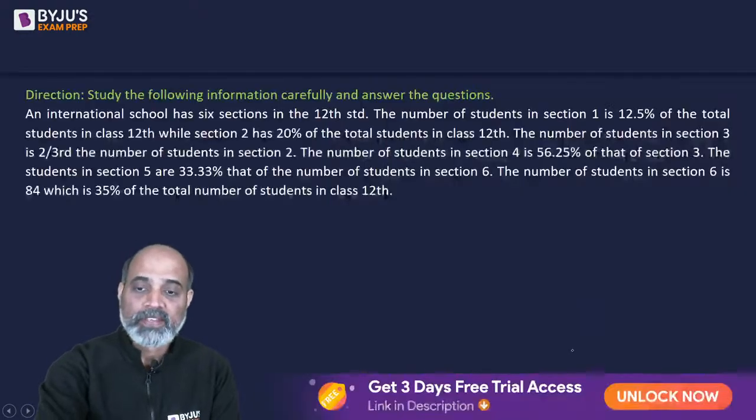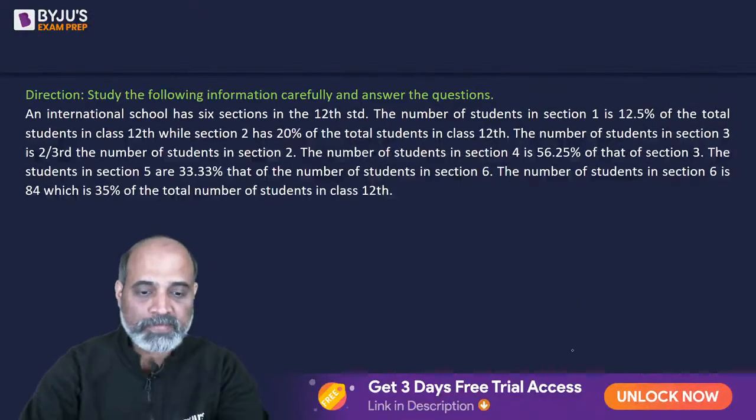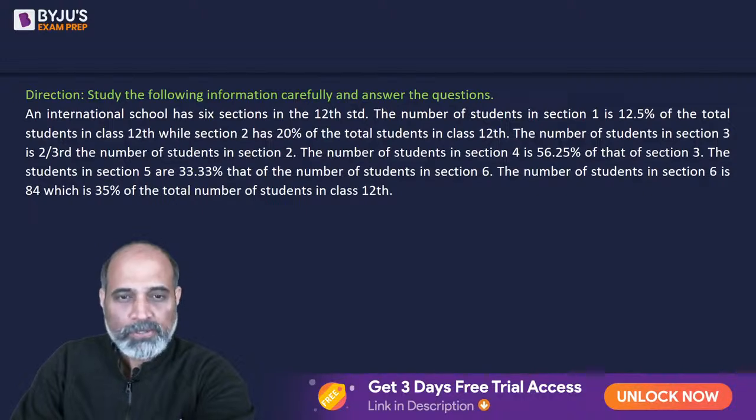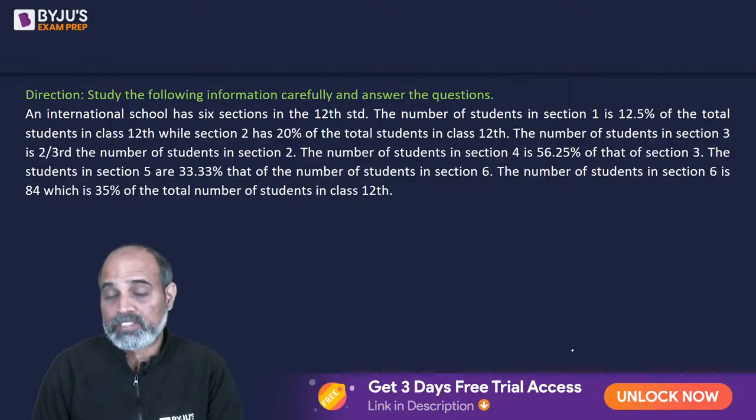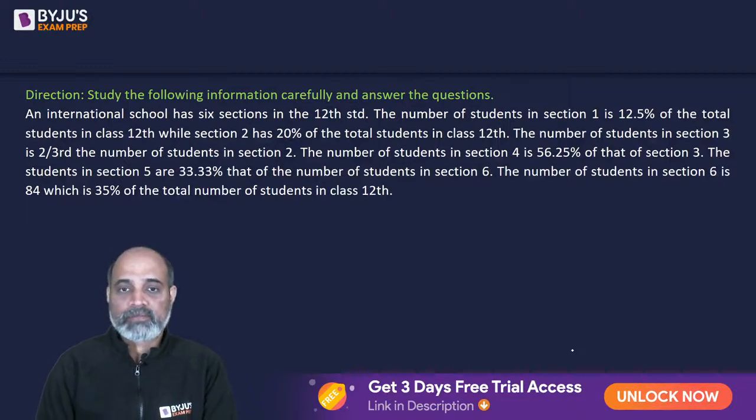Okay. So the first set, let's see if anything is getting hidden. No, everything is perfect. An international school has 6 sections in the 12th standard. The number of students in section 1 is 12.5% of total students in class 12th, while section 2 has 20% of the total students in class 12th.